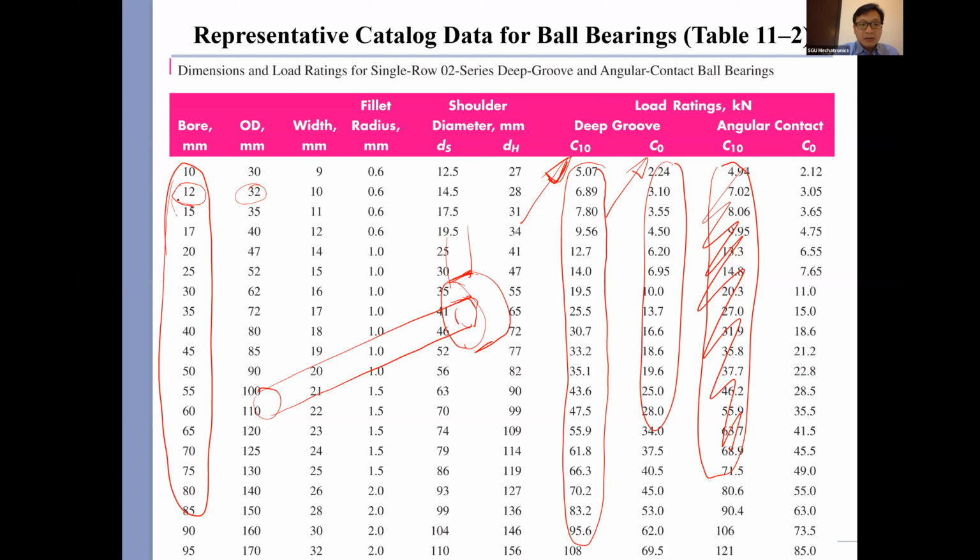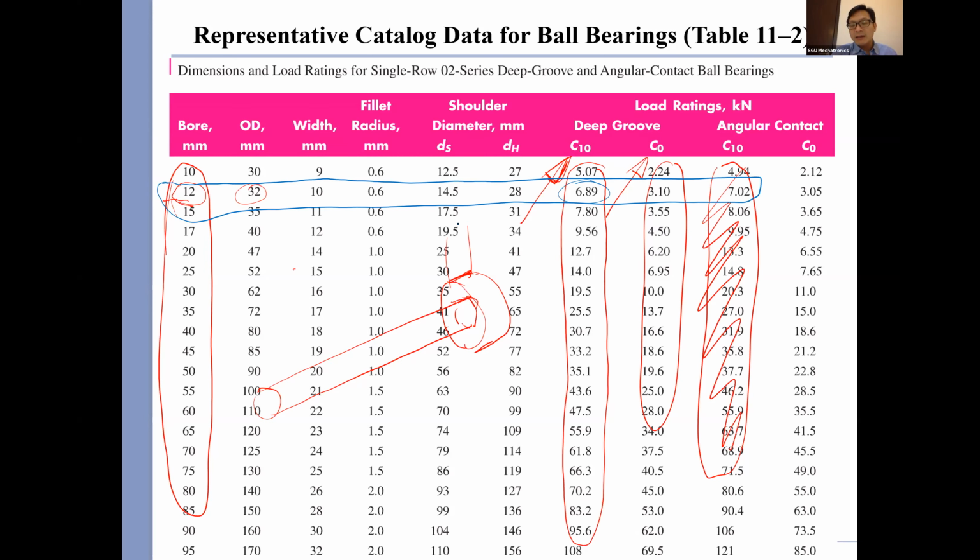So let's say you take this bearing. Bore is 12 millimeters, OD, etc. The C10 is 6.89.